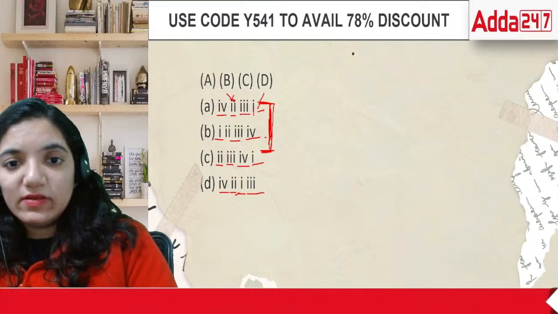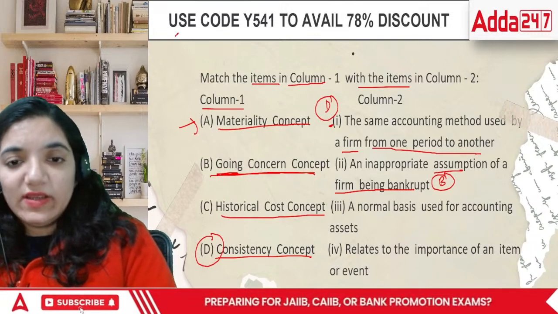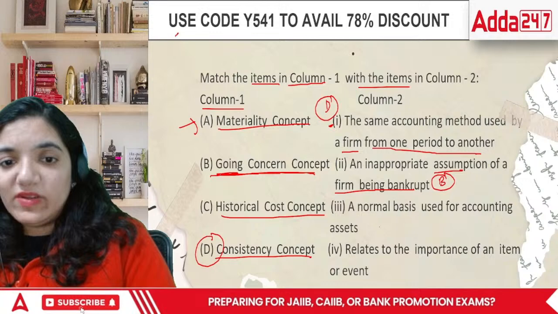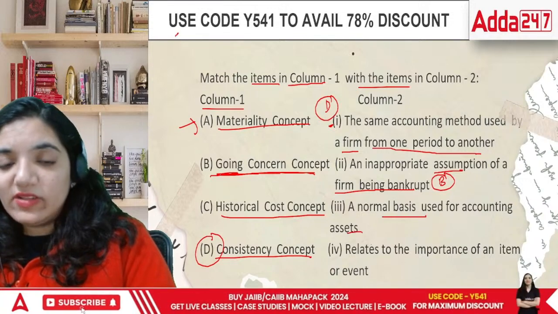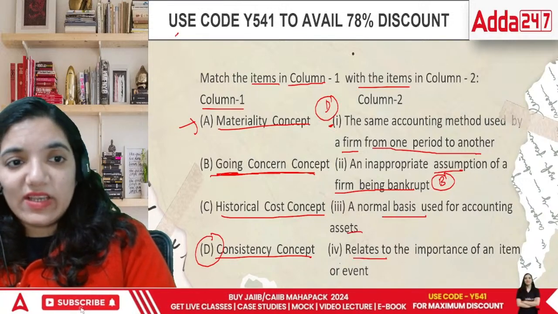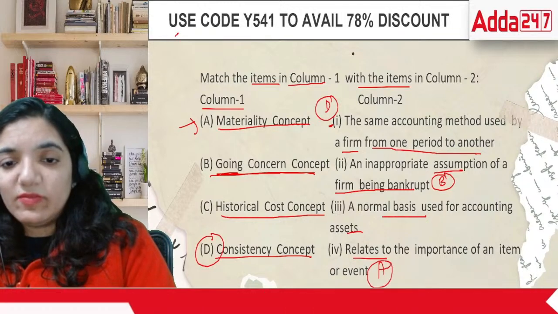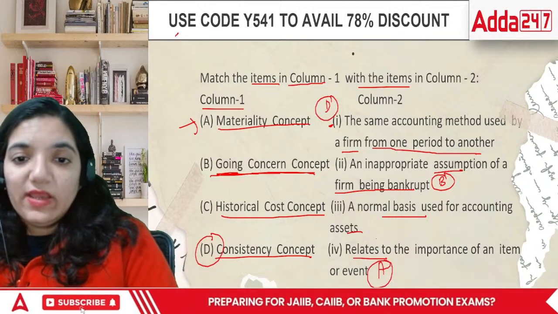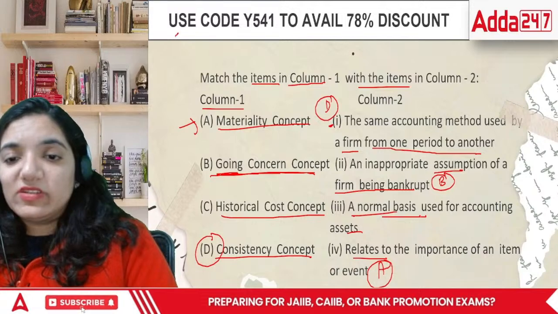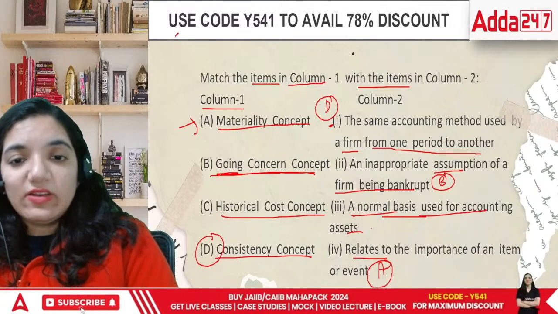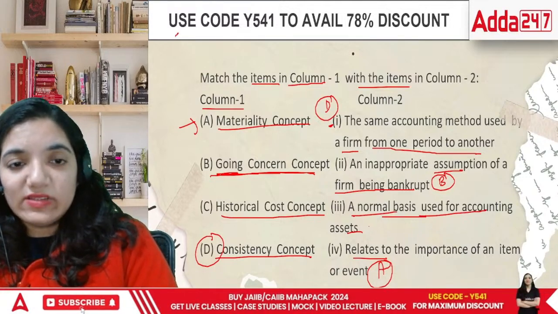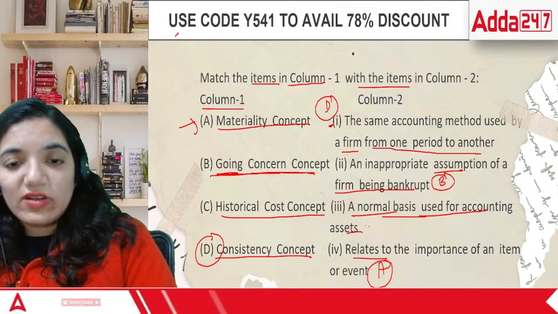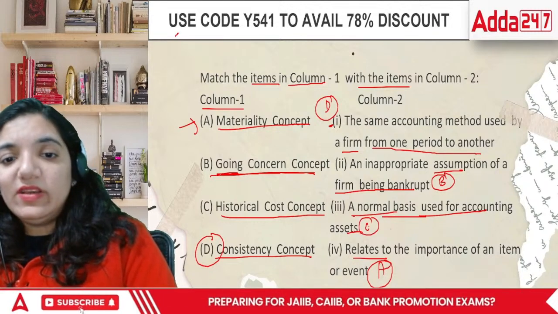Next point, historical cost concept. A normal basis used for assets or relates to the importance. This is materiality. A is 4. Materiality means which is more important. And a normal basis used for accounting assets, the normal basis, is your going concern. Historical concept. DBCA.